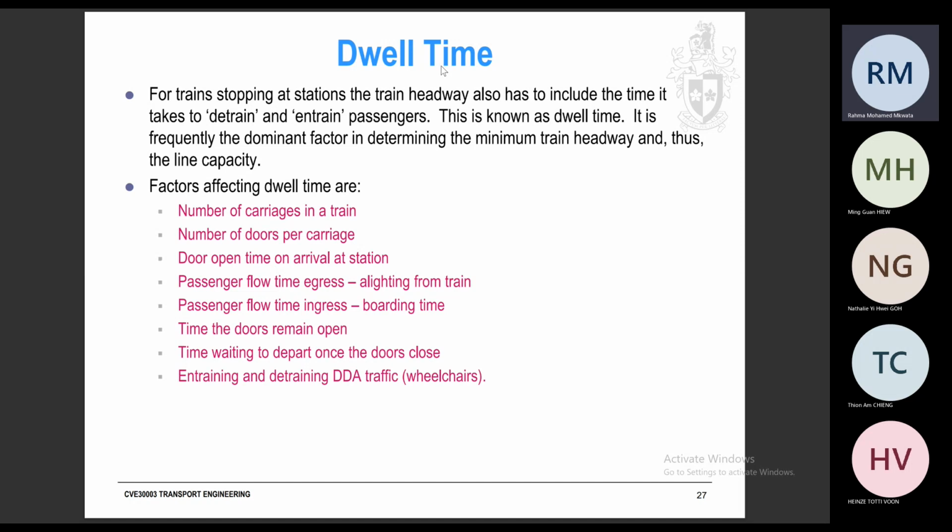And what is the passenger load? If you have high volume of passengers, then you need more dwell time. So all that is affecting the dwell time, and it will also affect the operation of the whole train.